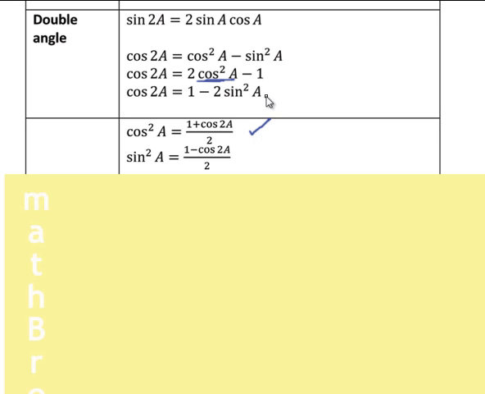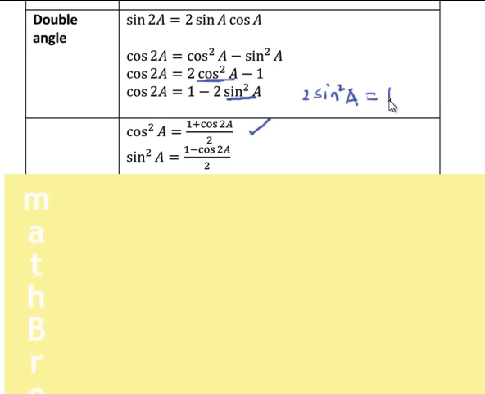All right, and now this identity, sine squared, comes from this identity, solve for sine squared. Let's say we put the 2 sine squared a on the left. Let me do that here. 2 sine squared a, I'm adding it to both sides, so that's going to go on the left side. Now I'm going to put the cos 2a on the right, so I'm going to subtract it.